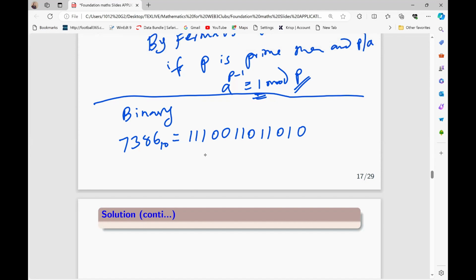It's okay. So this is the number in binary.